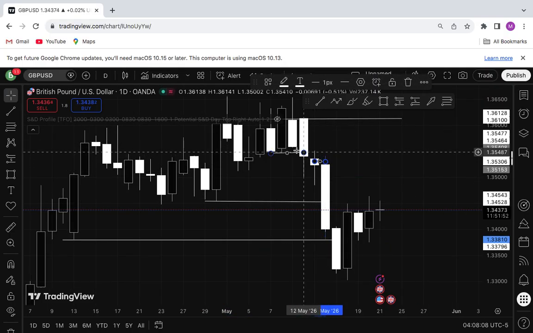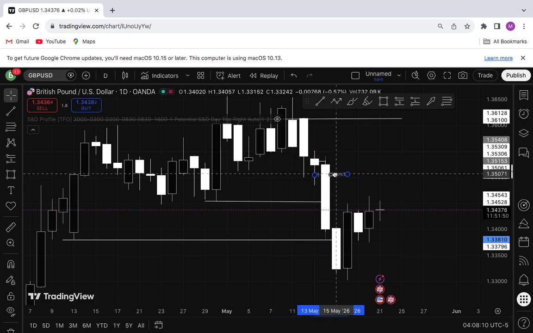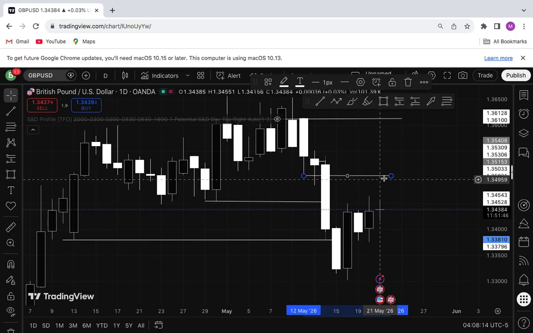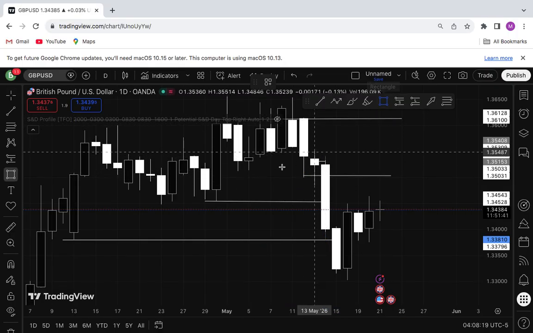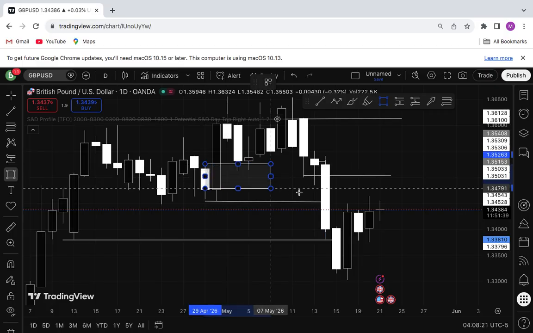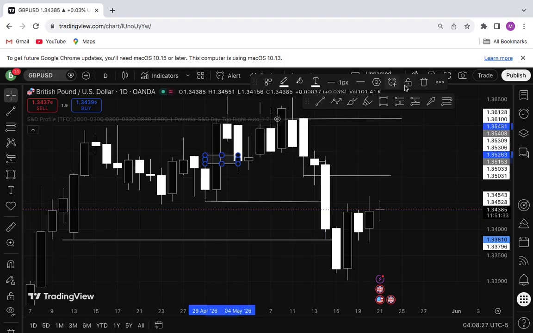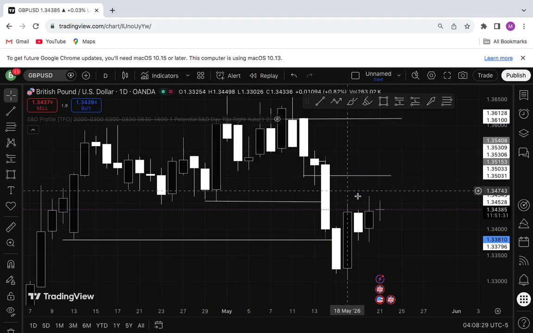You're expecting the market to come all the way to this key level here, because the whole of this area is a breaker block. The whole of this area. So at least you expect price to take at least 50% of that range, so at least 50% of this fair value gap.